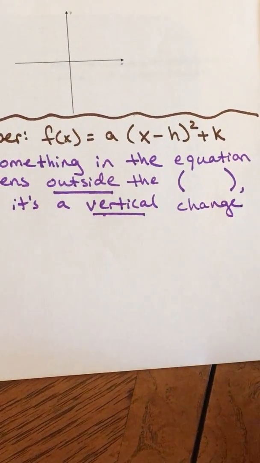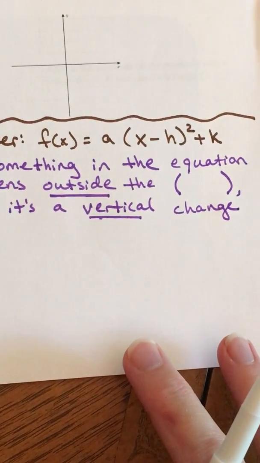And vertical changes always go in the direction of the sign.